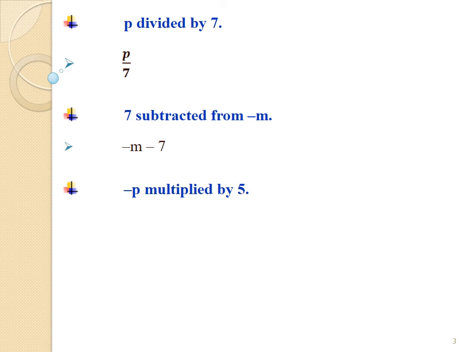Also, multiplying 5 by minus p, we will get minus 5p. Thus, the expression for this statement is minus 5p.